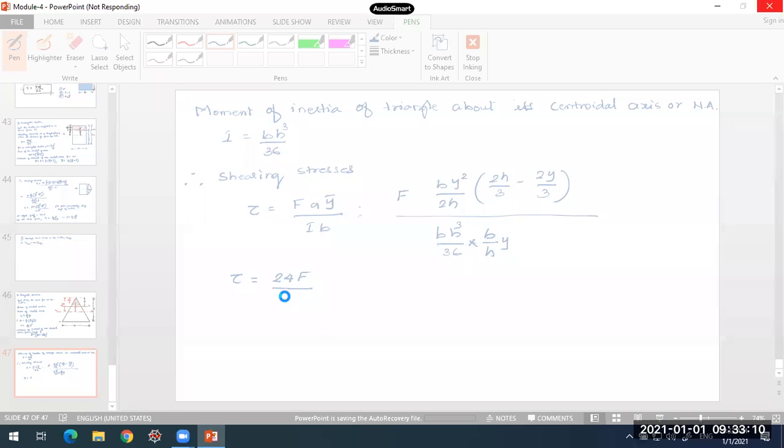Please simplify this. b is gone, h is gone, and 2 by 3, 2 by 3, if I cancel out, it will be 1 by 3.